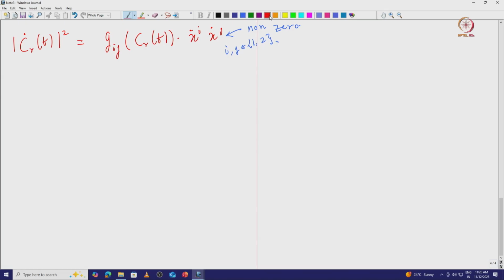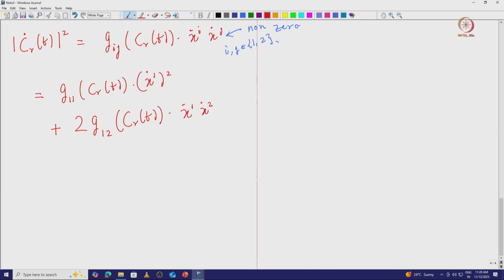So this is basically just going to be G11 of Cr of t times x1 dot squared plus 2 times G12 of Cr of t x1 dot x2 dot, okay, plus G22 of Cr of t x2 dot squared.